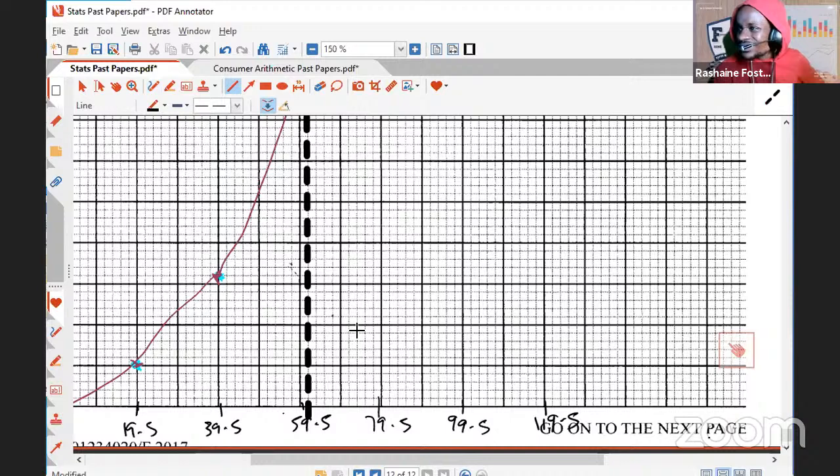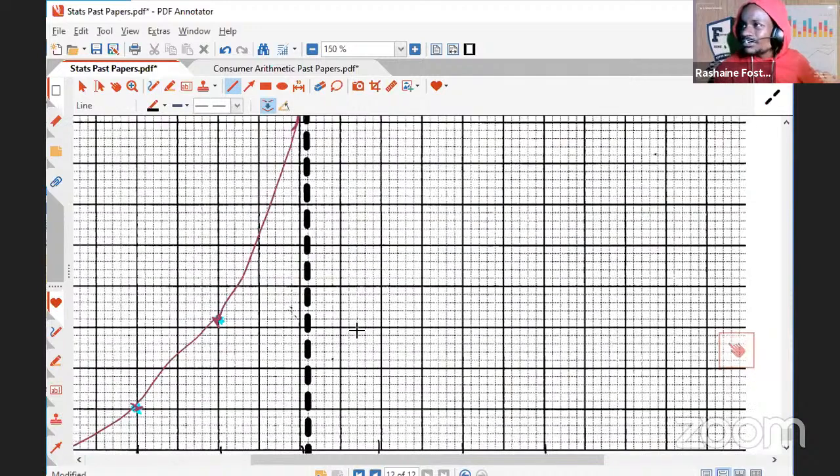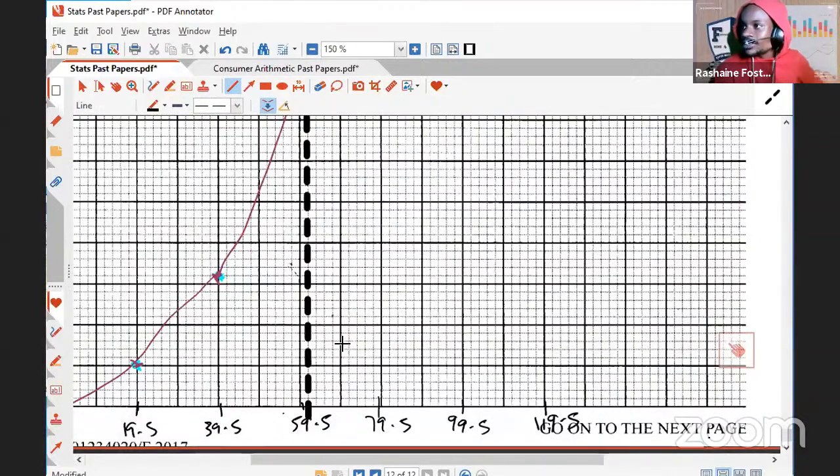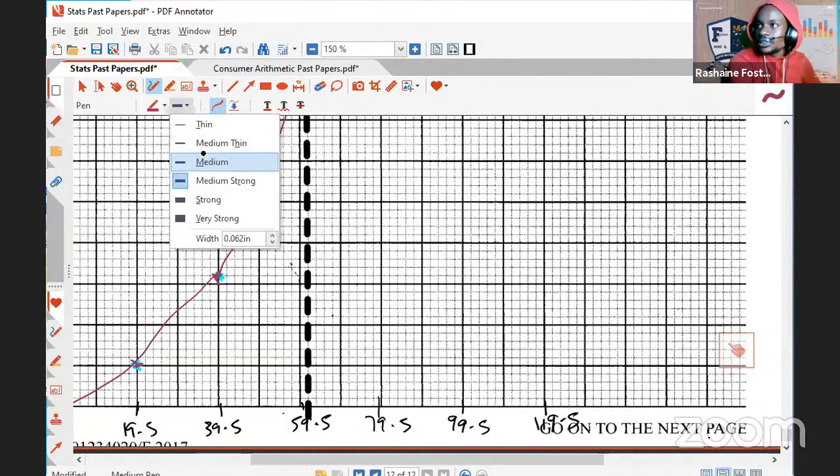That looks like 60.5, 61.5 in that region. Can you tell me if you're getting the same thing? What do you get when you draw yours down here? Mine looks like 60.5 or 61.5, 61 in that region right there.